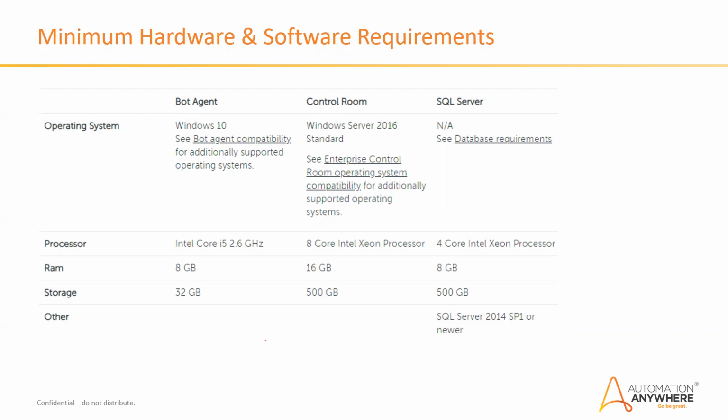So that's the minimum that we recommend to have in place for your Automation Anywhere on-premise platform when it comes to A2019. And again, Windows is not going to be the only option moving forward. There will be an option to use Linux.